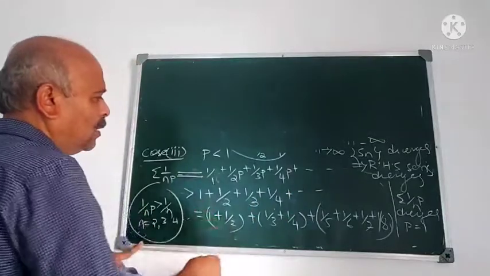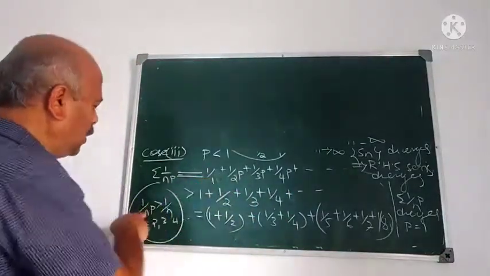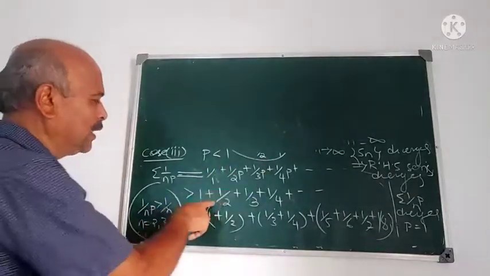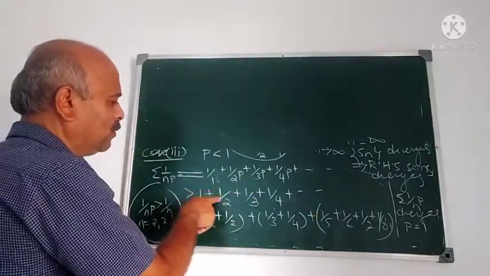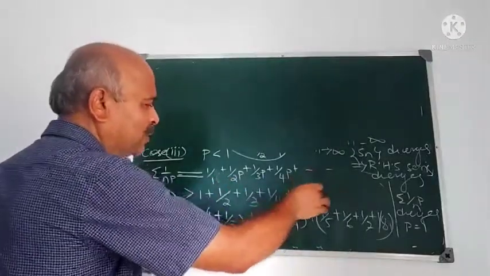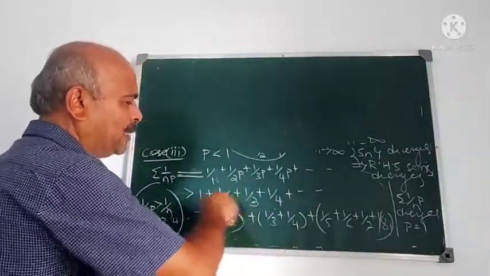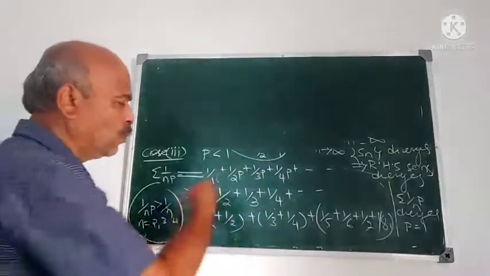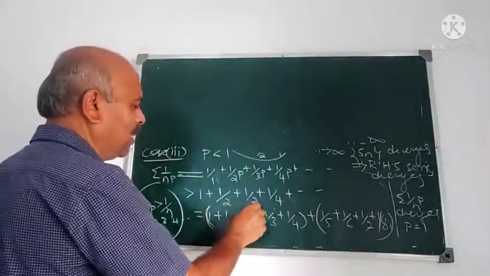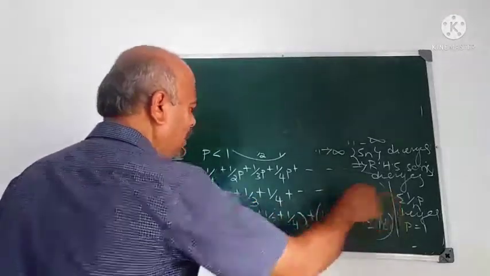So I think you all have followed this. 1 upon n raised to p is greater than 1 upon n for all n equal to 2, 3, 4, etc. Therefore, I have taken 1 plus greater than 1 by 2, 1 by 3, 1 by 4, etc. Now, since it is a positive term series, the grouping of the terms of the series is important. How do you group the series here? 1 plus 1 by 2, 1 by 3 plus 1 by 4, and so on.